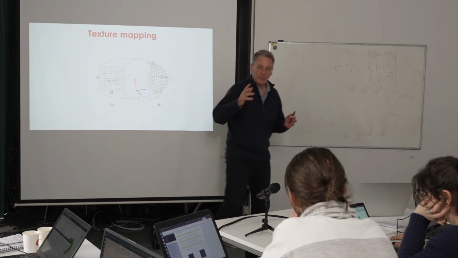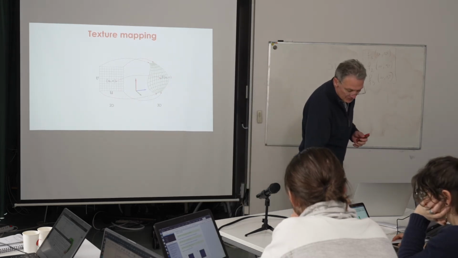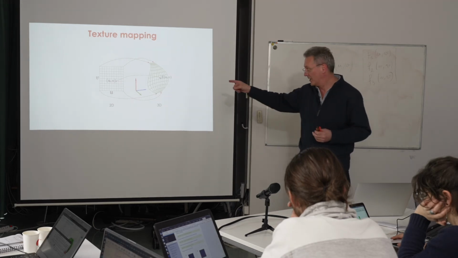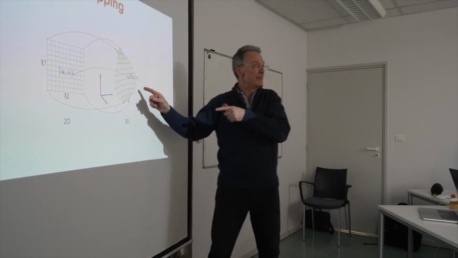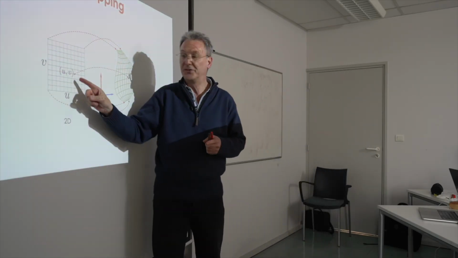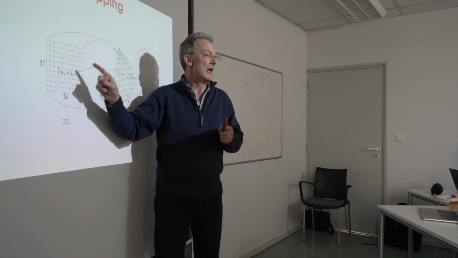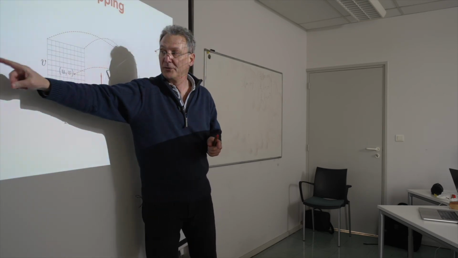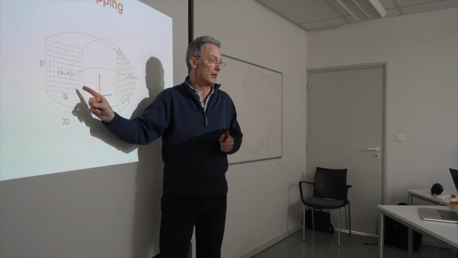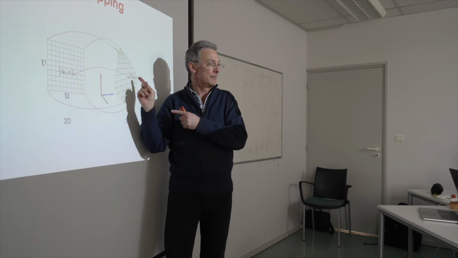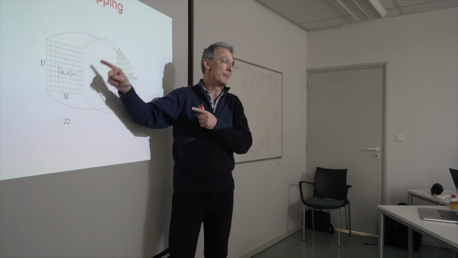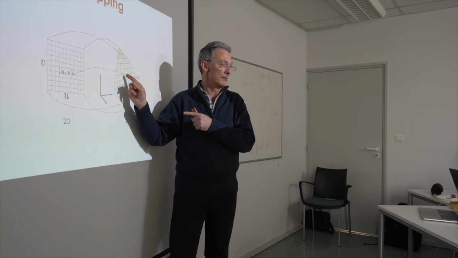So in order to map my image on this surface, instead of mapping directly on the surface, I will map my image on this. And then, since I have a correspondence of the points of the image to the points of the parameter space, I will map the points of the image through the points of my parameter space to the 3D points.